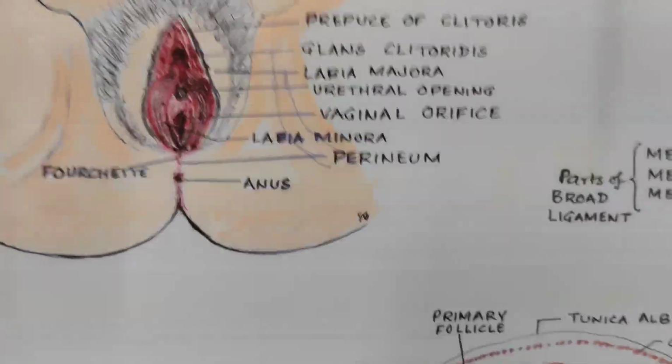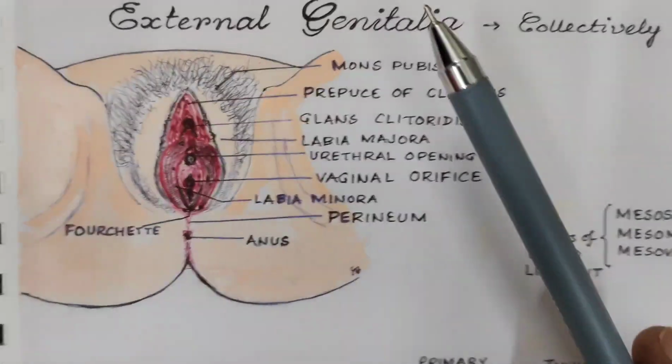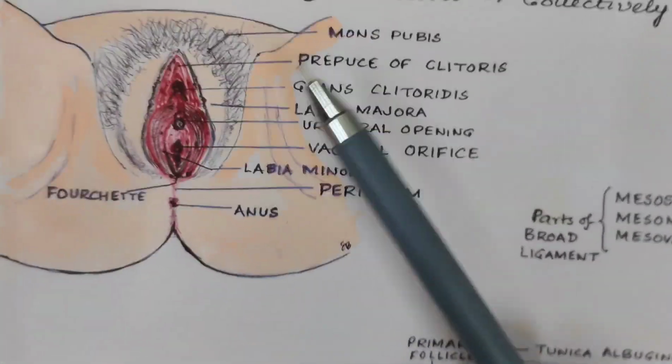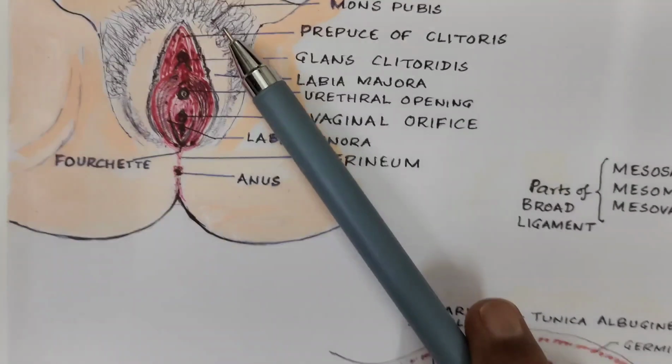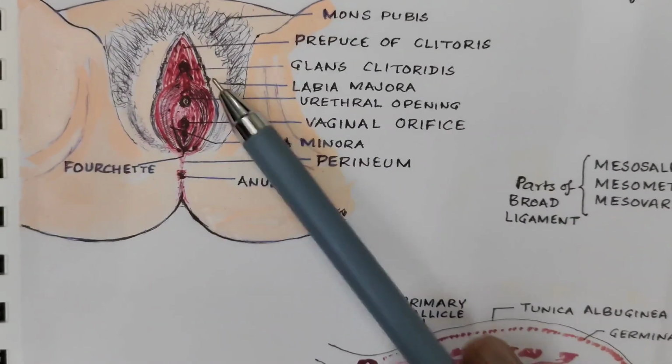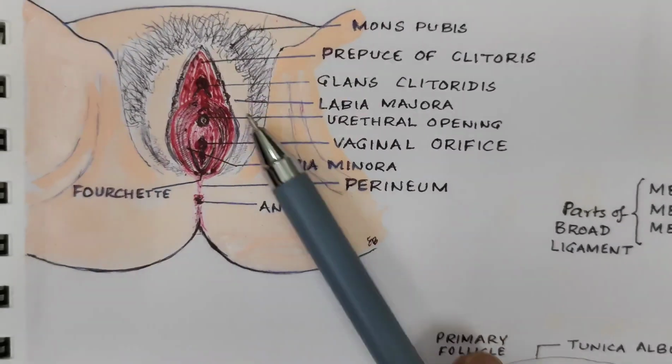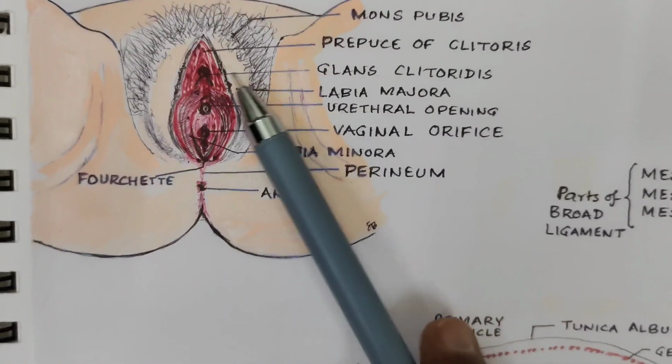This is the female reproductive tract. Here you see the external genitalia, collectively called vulva. These are the parts of the external genitalia. This is the mons pubis. This is the prepuce of the clitoris. This is the glans clitoridis.